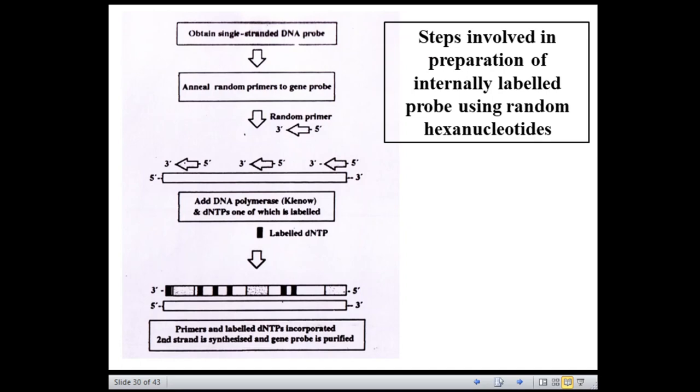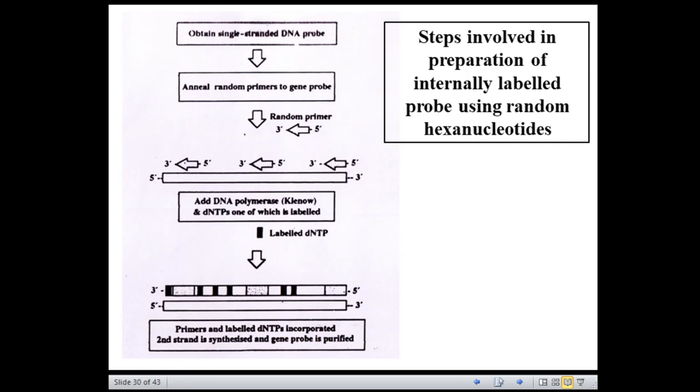Now we have another labeling method, that is using random hexanucleotides. The DNA to be labeled is first denatured, and then it is placed under renaturing conditions in the presence of a mixture of many different random sequences of hexamers, or hexanucleotides.